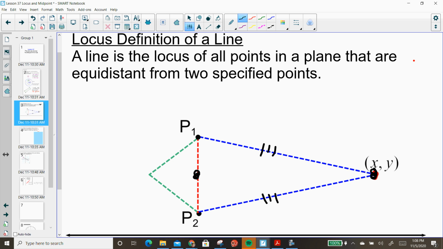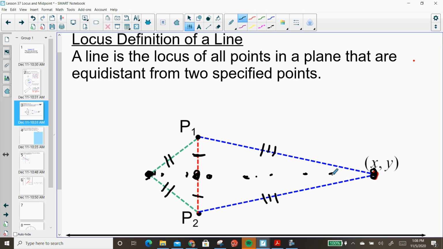I could take one right here so that this distance to P1 is the same as this distance to P2. I could take one over here, and the distance from that point to P1 is the same as the distance from that point to P2. Or I could have picked this point, or this one, or this one, or this one.